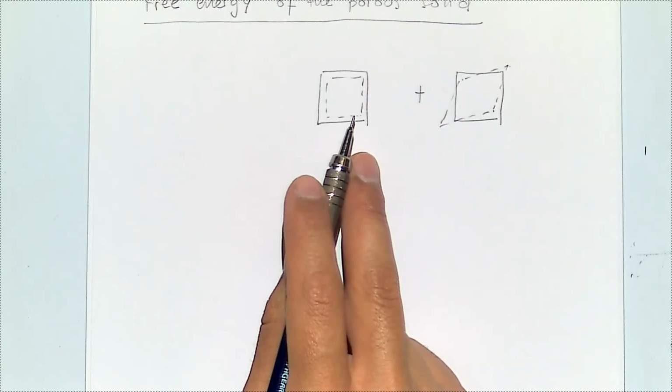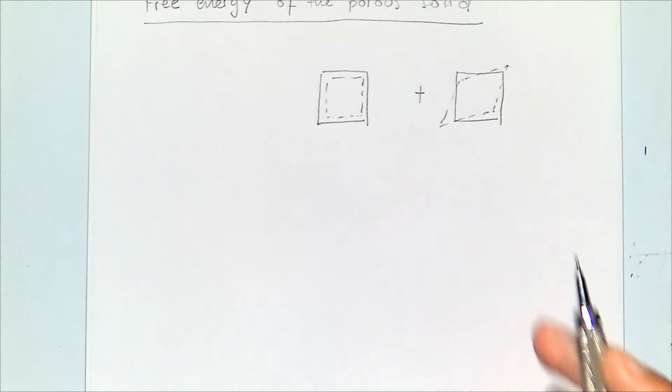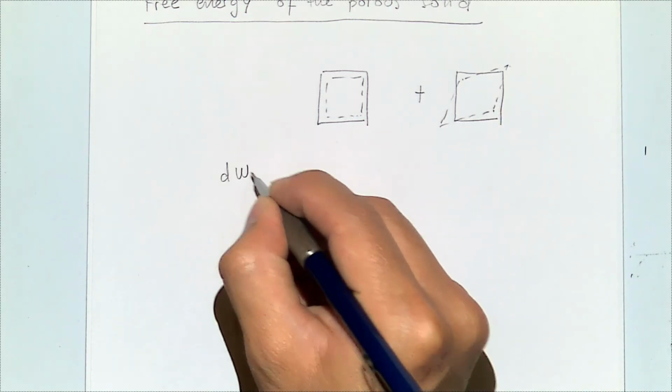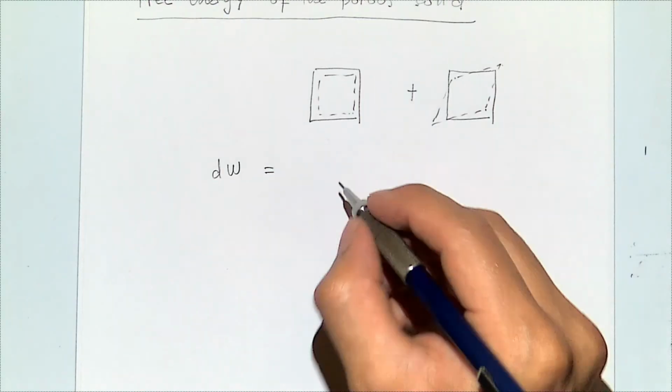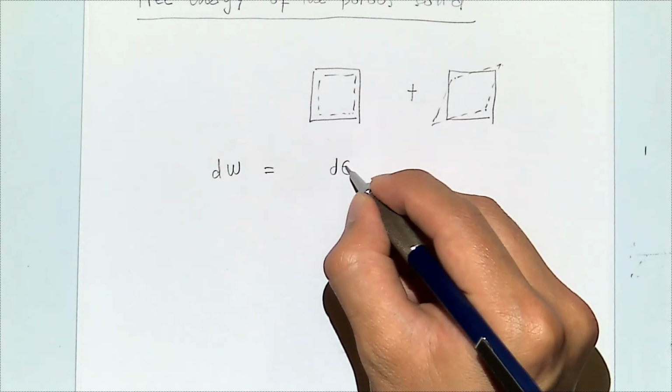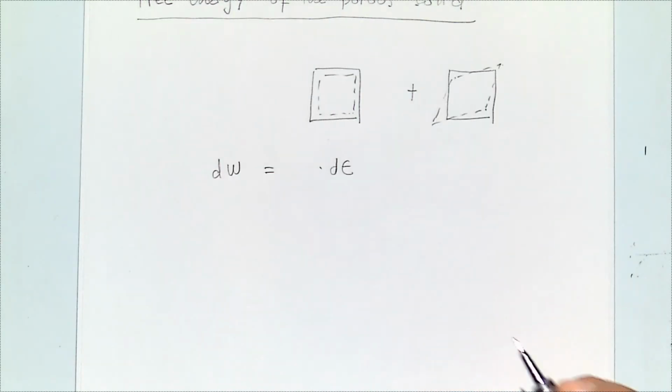a volumetric strain and also to a shear strain. And we can write that as this. Energy is going to be proportional to a bulk strain. And what causes a bulk strain? A mean stress.